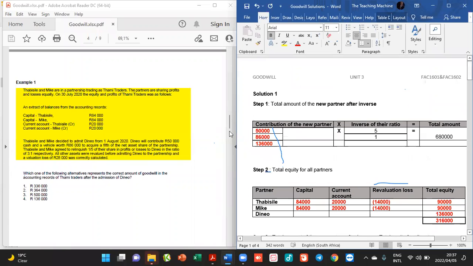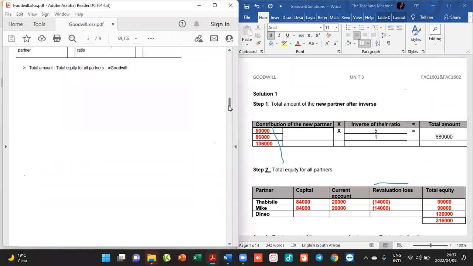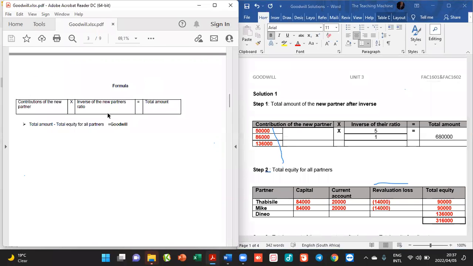On this screen, this is the formula that you need to use to work out the goodwill. Contributions of the new partner multiplied by the inverse of the new partner's ratio. I said that if the partner will be given 1/5 or 1/3, let's use 1/3 as an example.